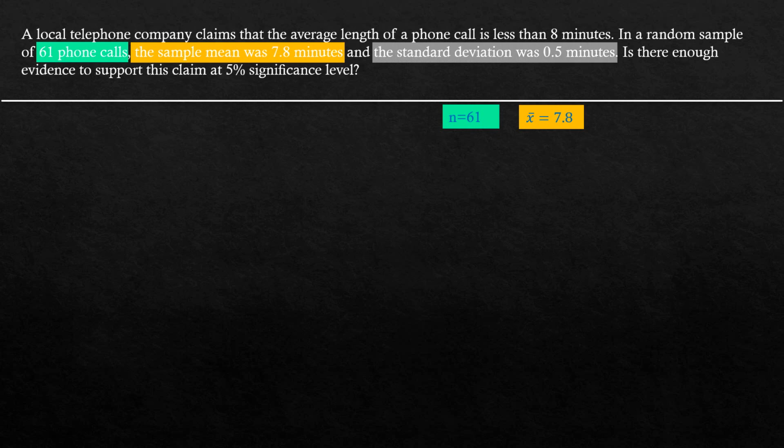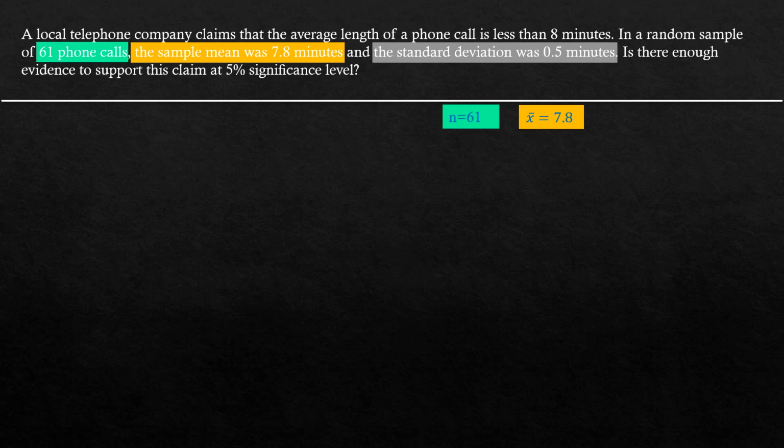Which standard deviation do we have? Is it the population standard deviation, which is sigma, or the sample standard deviation? It is S. If you don't understand this very clearly, go back to the sentence and read it again. In a random sample of 61 phone calls, the sample mean and the standard deviation.